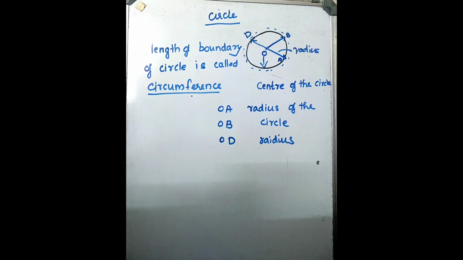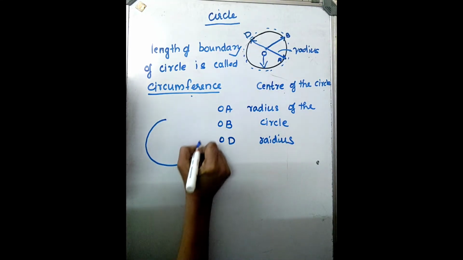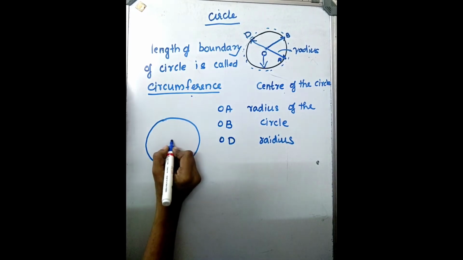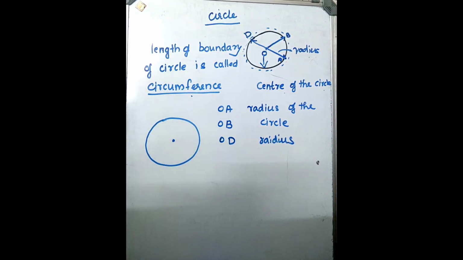Then, if this is a circle and this is the center, I draw a line passing through the center, touching two points.